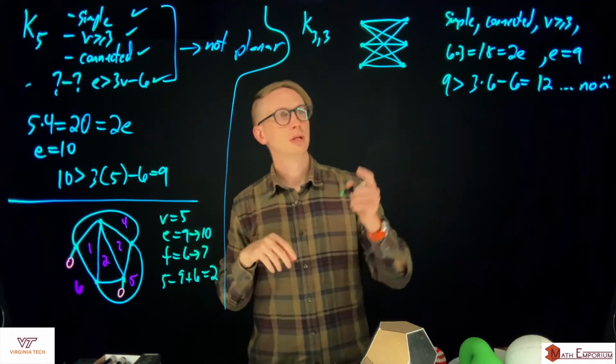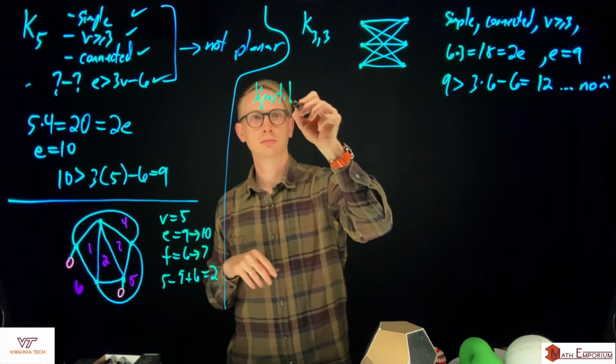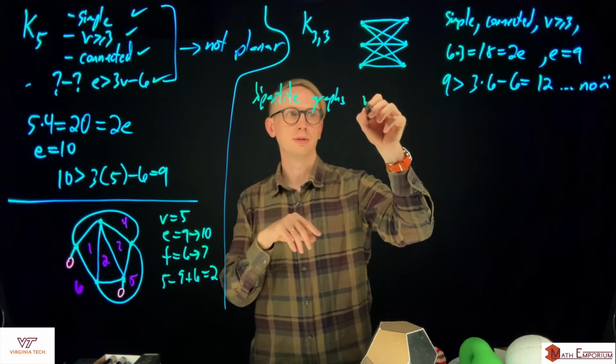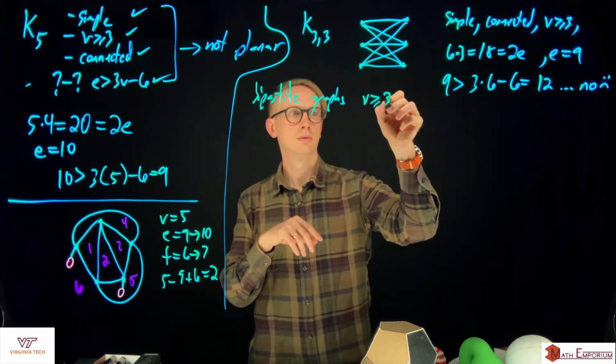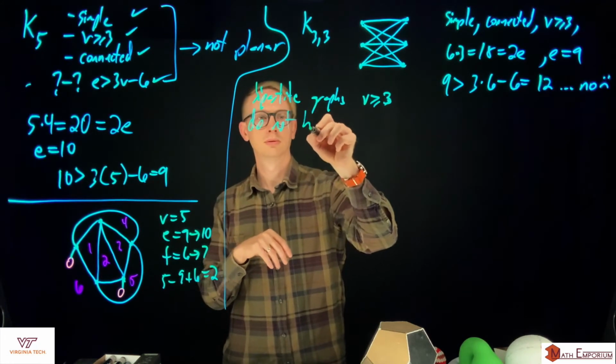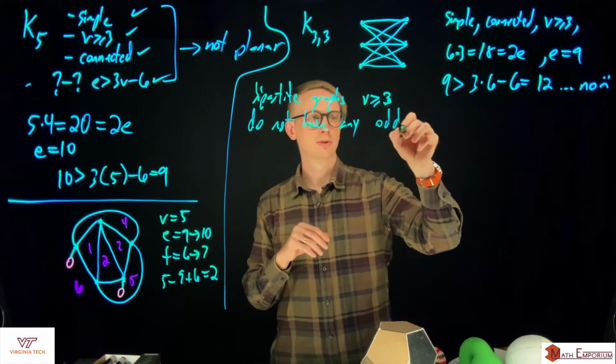All right, so bipartite graphs with at least 3 vertices do not have any odd length cycles.